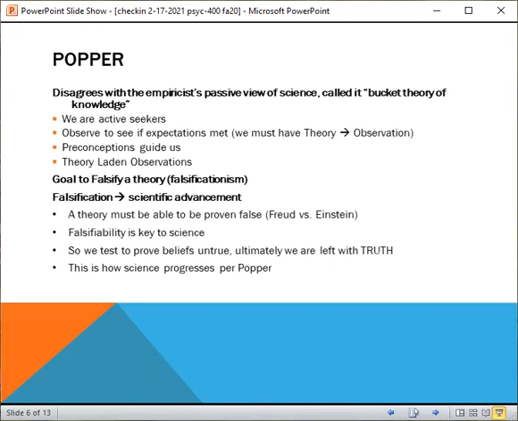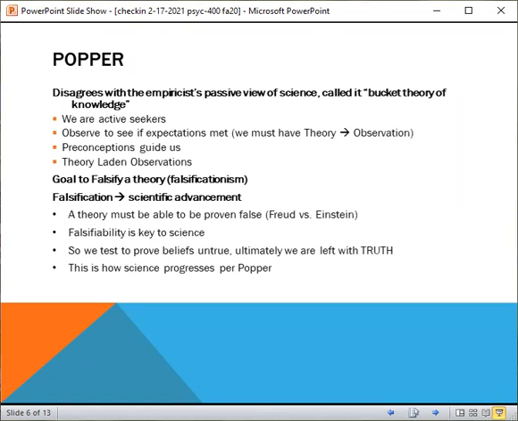And one of the reasons he disagreed with the empiricists, he basically referred to their approach as the bucket theory of knowledge. Bucket theory. So it's a very passive approach to science, because all you have to do is just be and observe, and facts and knowledge come to you, and then you just associate those things together somehow and you come up with a theory.